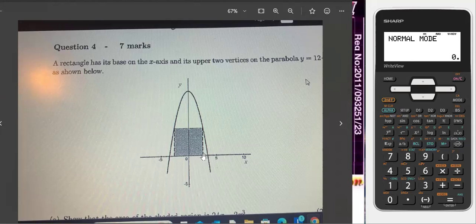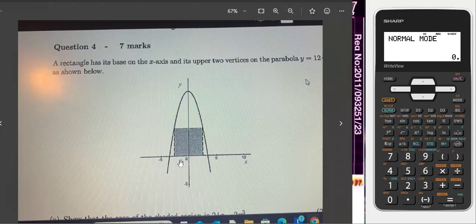If the box is symmetrical about the y-axis, then the whole base is twice x.